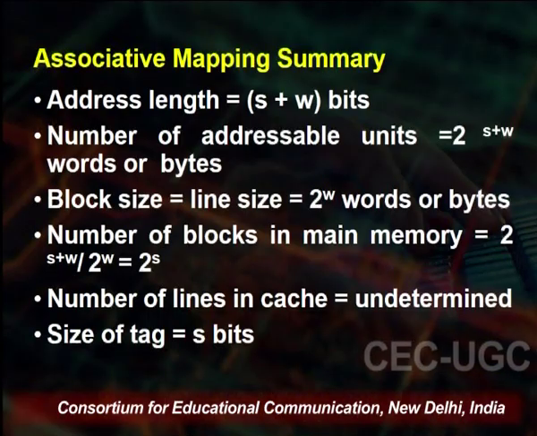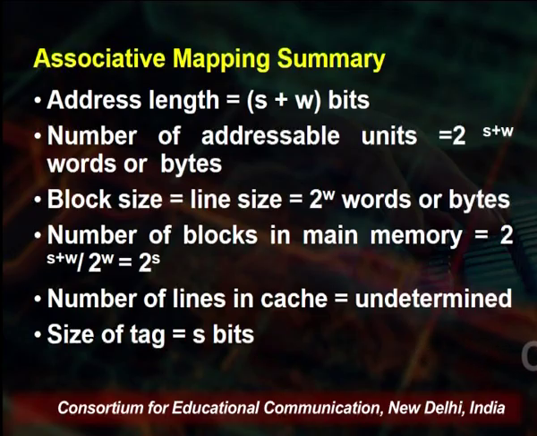Just to summarize the associative mapping, the address length is s plus w bits. The number of addressable units automatically becomes 2 to the power s plus w, whereas in the case of direct mapping it was 2 to the power n. The block size is equal to the line size, which is 2 to the power w words or bytes.